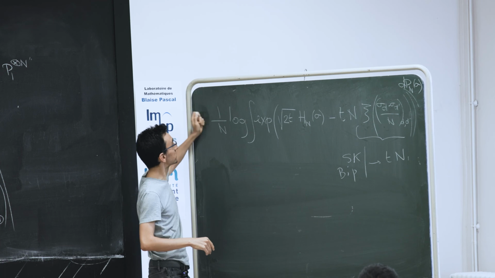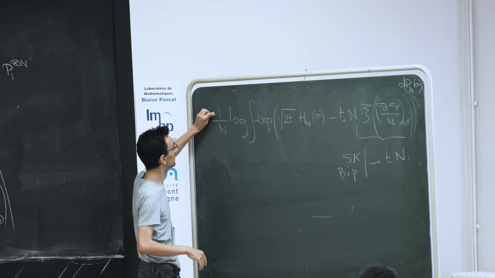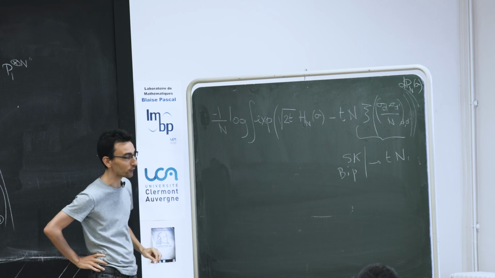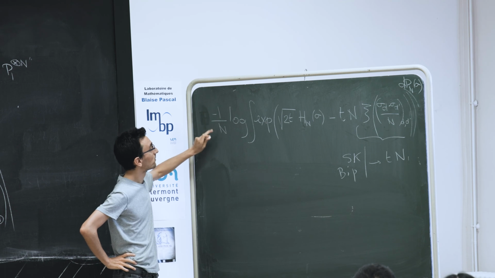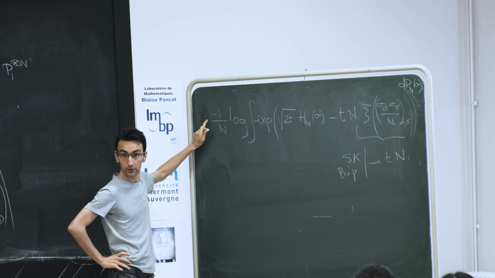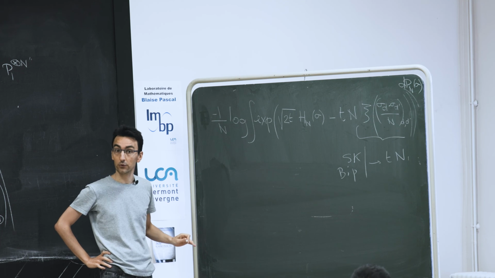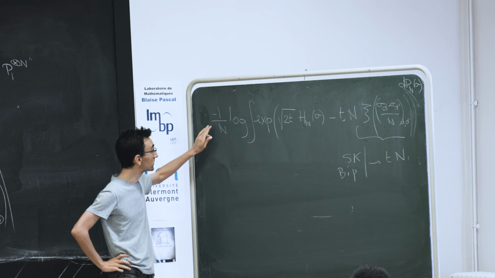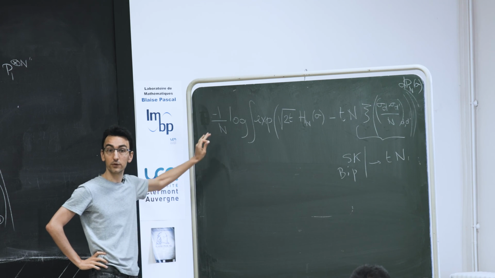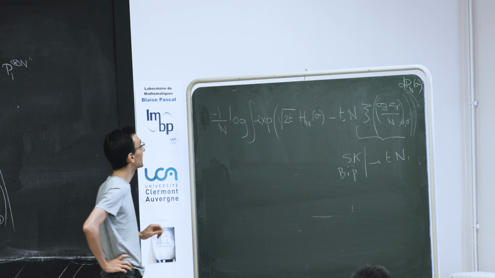And I prefer positive things, so I'm going to put a minus sign. Okay. So now be careful. My free energy has the sign convention changed compared with what we had been doing so far. Okay, so physicists would be happy. They prefer the sign convention like this with the free energy.